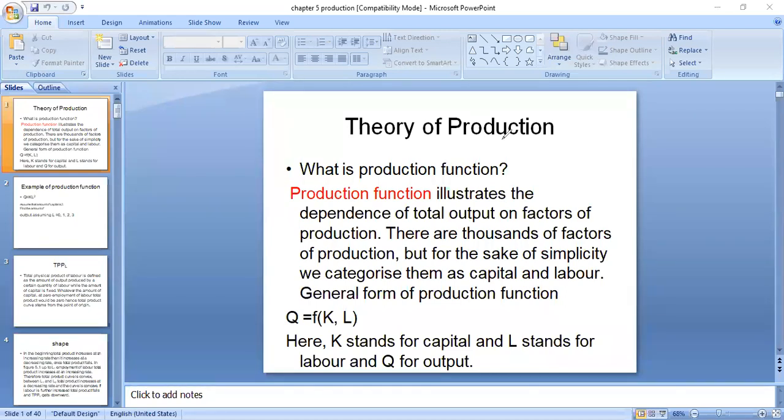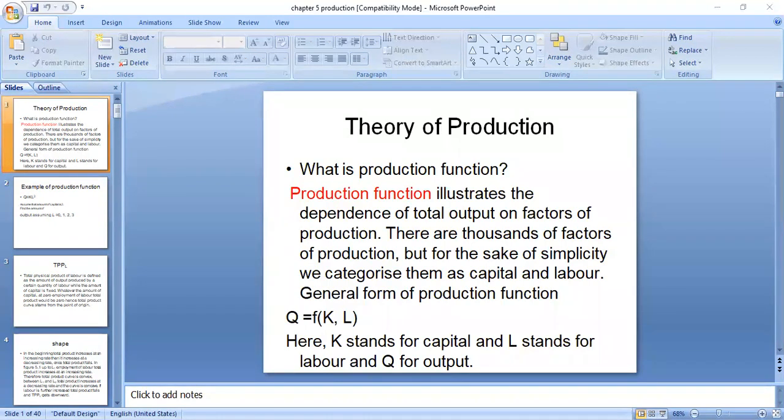F means depends on. Your output depends on your capital and labor. I think you understand, right? The relationship between output and your factors of production.